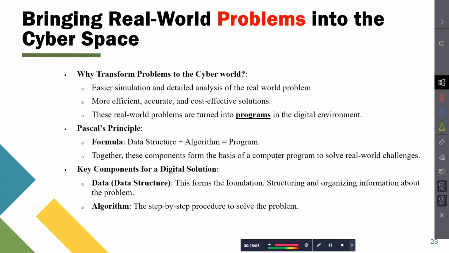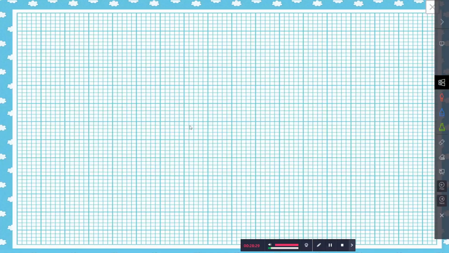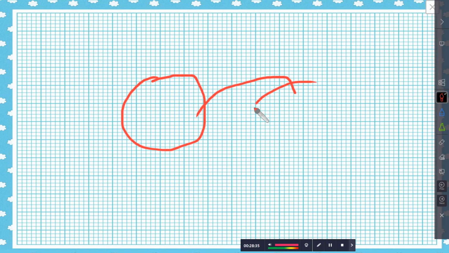After that, implementation: we need to apply the cyber world solution back to the physical world. This is the point. Simulation brings the real world to the cyber world.